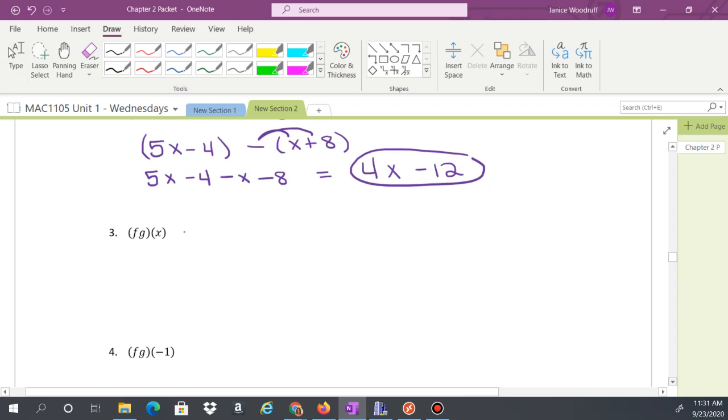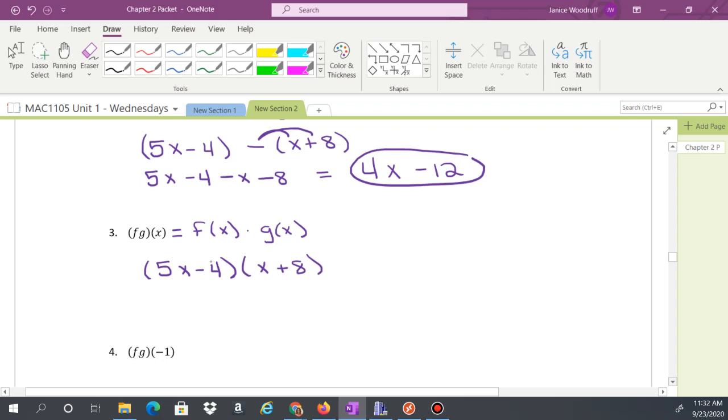Number 3, you have fg of x. So this means multiply the two functions, so f of x times g of x. So 5x minus 4 times x plus 8.